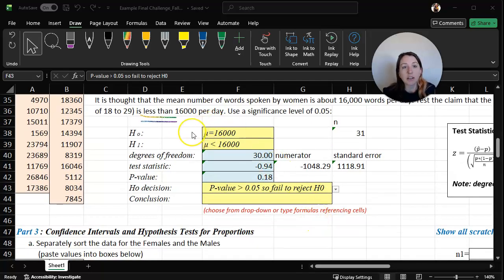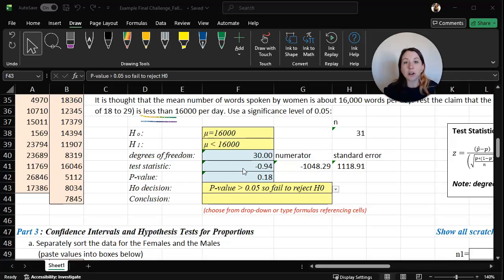Our null is that the population mean number of words per day spoken by women is about 16,000. Basically, our test statistic was not super extreme. If our test statistic were very extreme, which would make our p-value very, very small, we'd be saying that can't just randomly happen, that we get a sample that is random and representative of the population, and we get a sample mean very far away from this value.